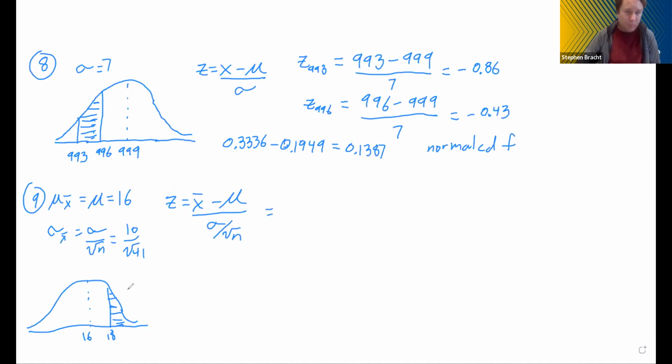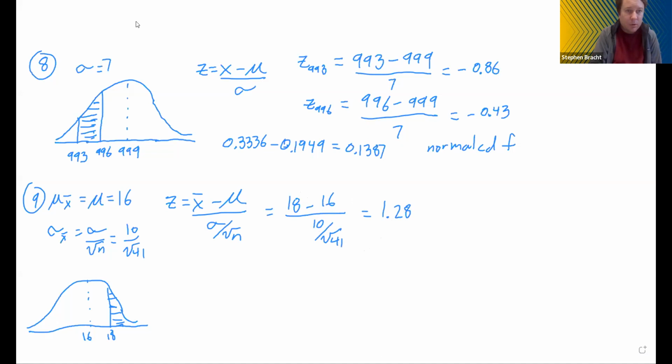Okay, and my sample mean is 18. My population mean is 16, and I divide by 10 over the square root of 41, and that equals 1.28. And then I'll go to my table, and the table will give me the area to the left of 1.28, and I'll take 1 minus that to get the area to the right. Okay.